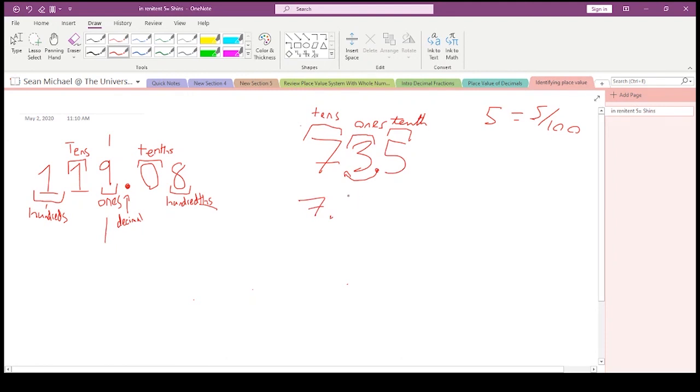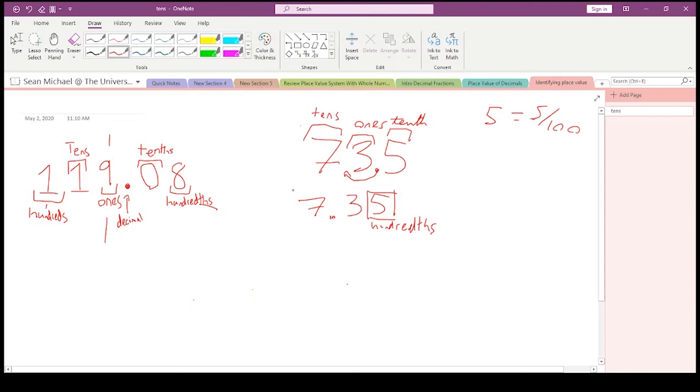So if you have 7.35, now this 5 is in the hundredths category, and that is perfect. So that's how you can do it. If the dot's there, then this is the tenths category, and this is the hundredths category, the column place value area.